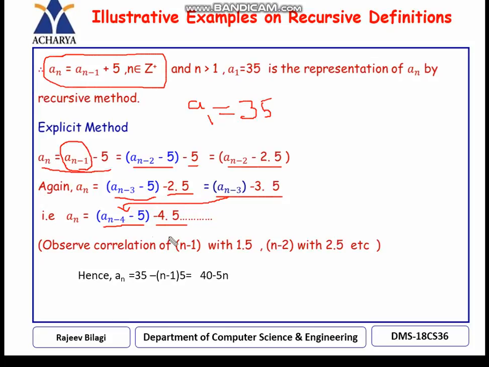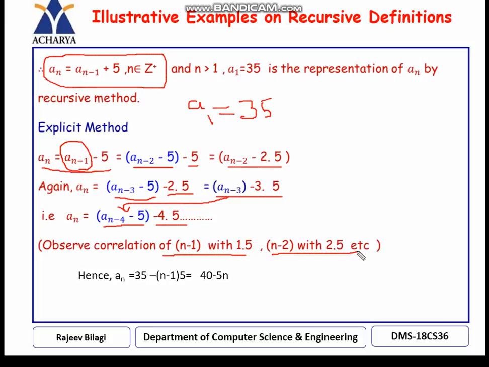So if you look at the entire problem, I observe the correlation of n minus 1 with 1.5. n minus 2 means 2.5, and with the 3, I can write n minus 3.5.